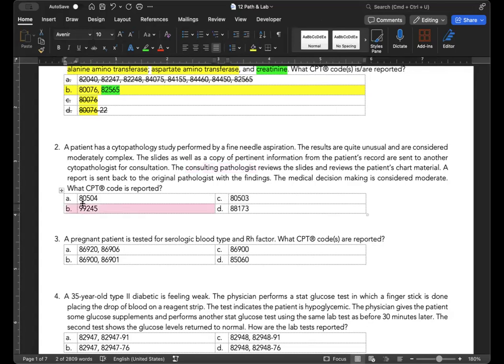So we can automatically eliminate letter B because we have to know that we're doing a pathology consult, not an office visit consult. Next, we have two that are very close to each other. So let's go look at the 80504 and the 80503, and let's go take a look at those.